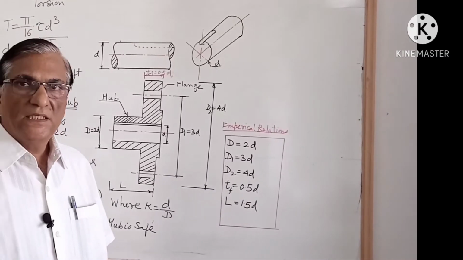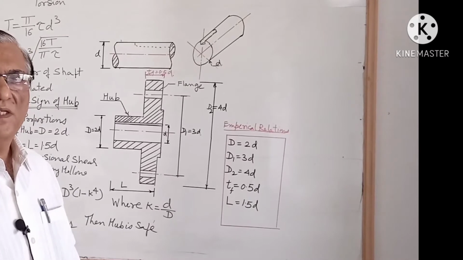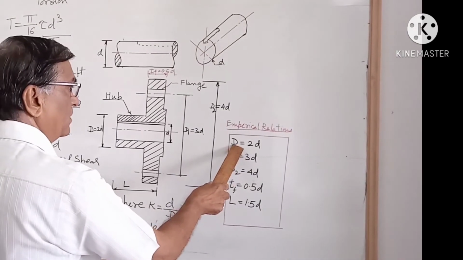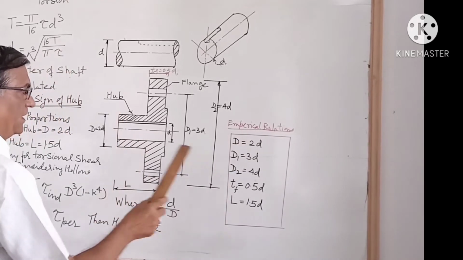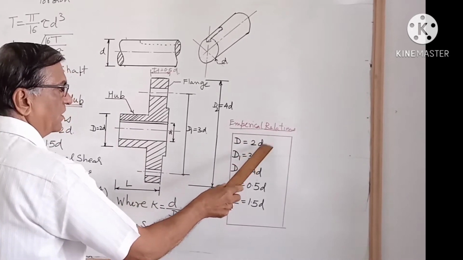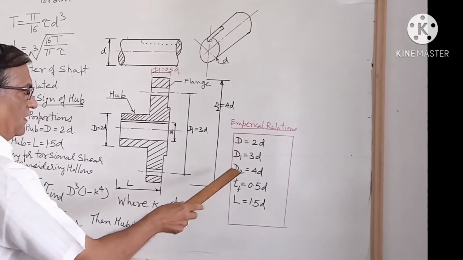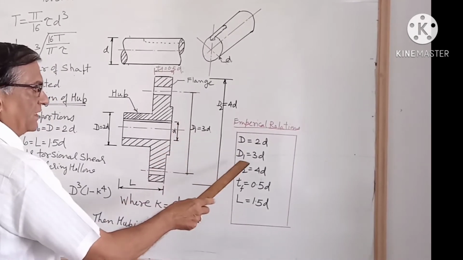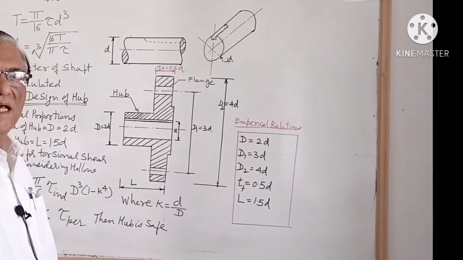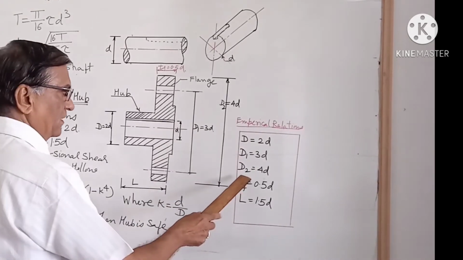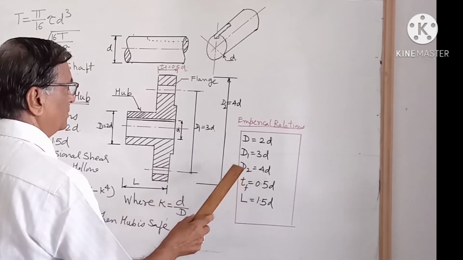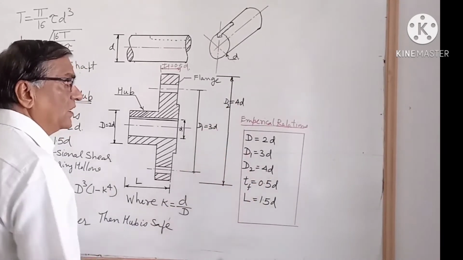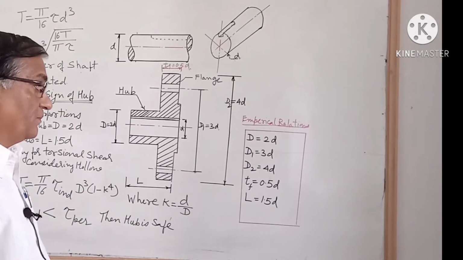Now the empirical relations used for finding out the dimensions of the flanges and hub are: outer diameter of hub, that is capital D, is equal to twice the diameter of shaft. D1, pitch circle diameter of the bolt, is taken as 3 times the diameter of shaft. D2, that is outer diameter of flange, is taken as 4 times the diameter of shaft.